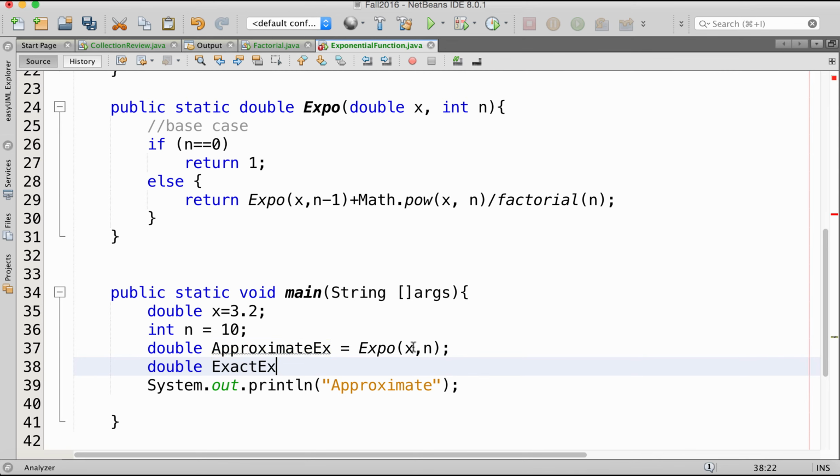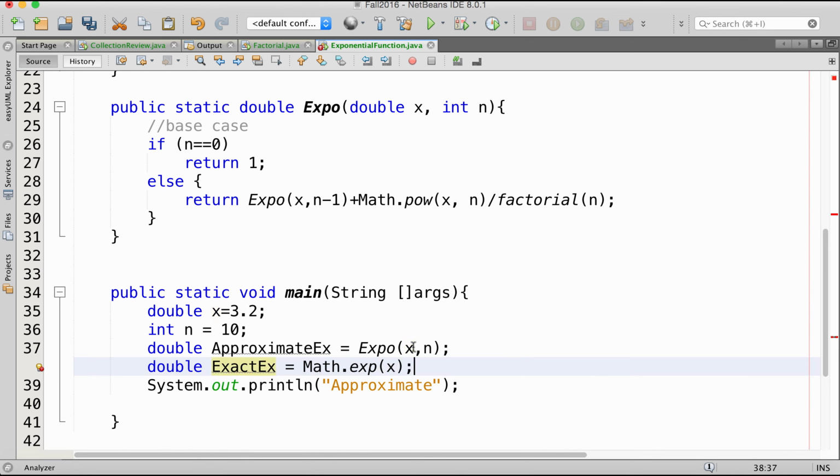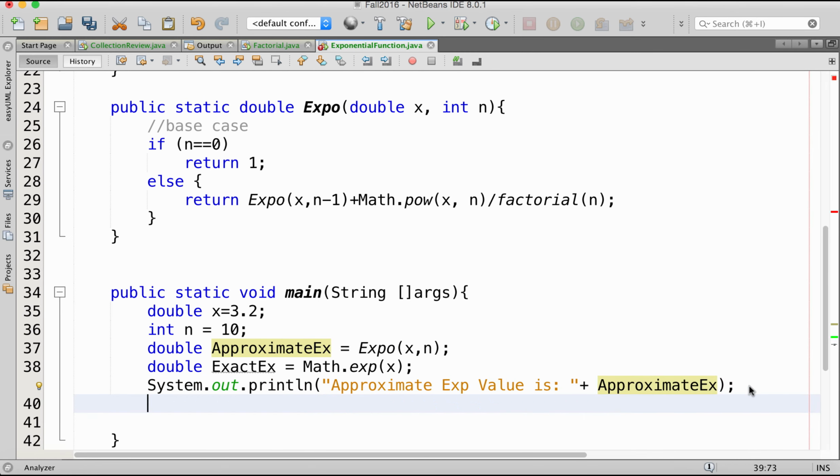Exact e^x. How do we get the exact value of e^x? Math.exp of x. So now I can print the approximate exponential value, and then I'm going to put the exact value.